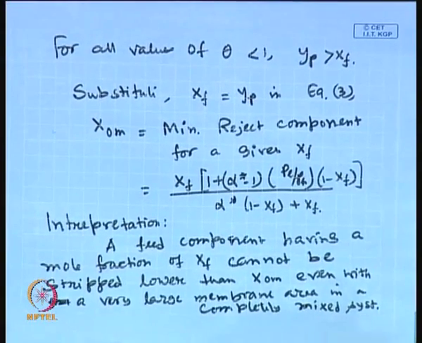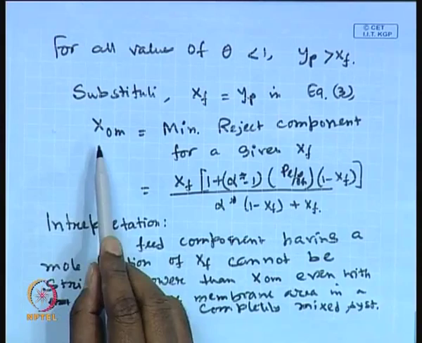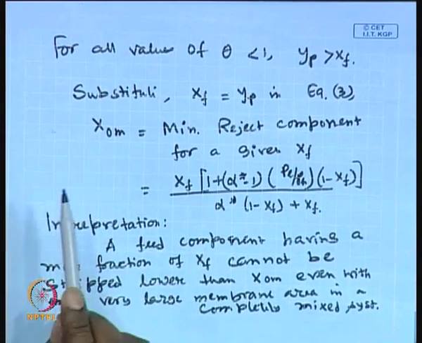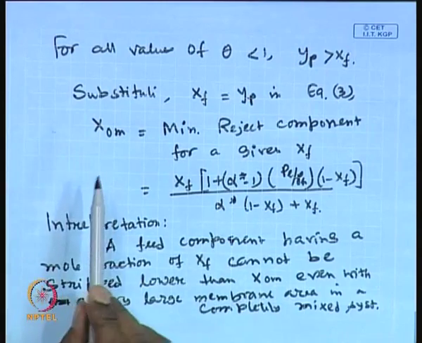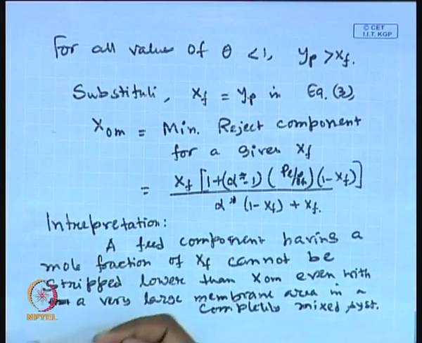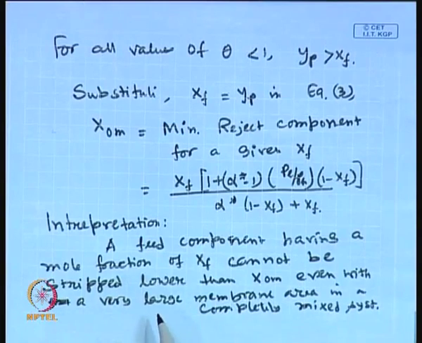That means if you have a completely mixed system, even if you go for a very high membrane area, you cannot get a reject composition lower than this value. Okay. Suppose this value is 0.4 and you would like to go beyond this, what are we going to do? This is the minimum possible value that you can reach for the reject stream composition, even if you supply an infinitely large membrane area.